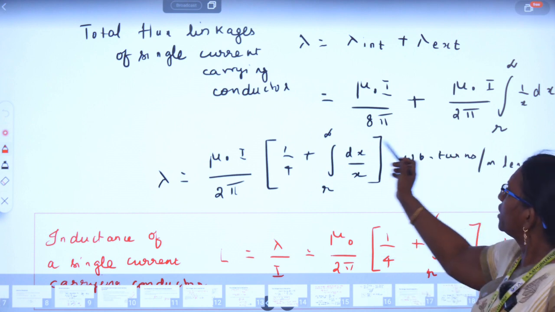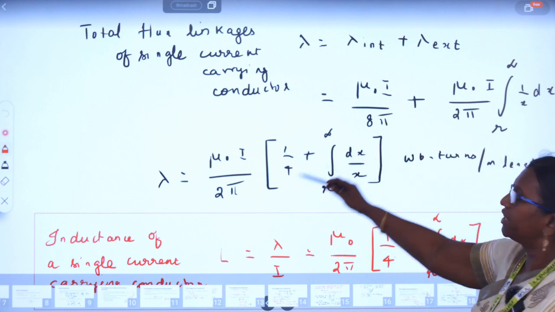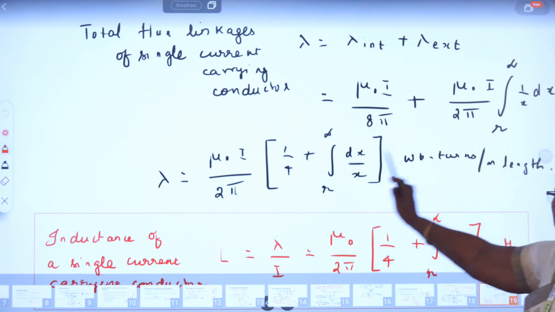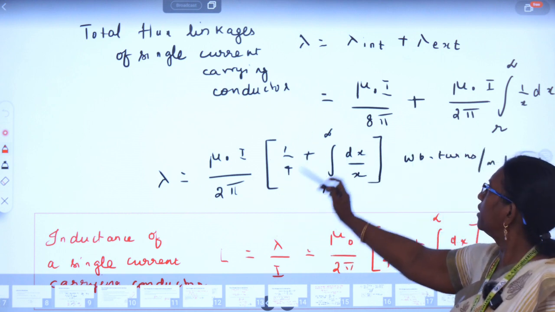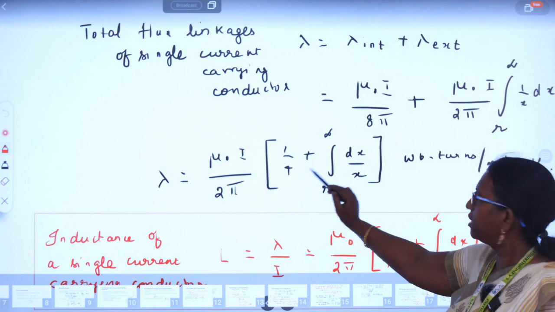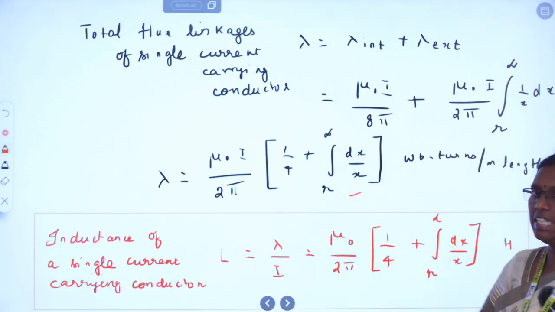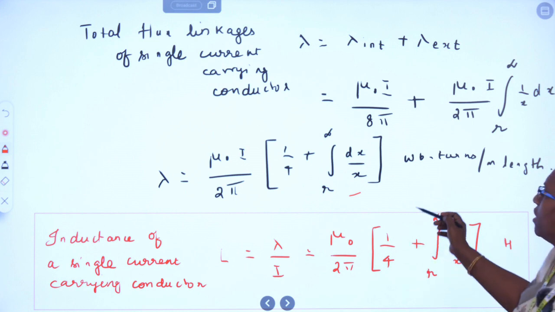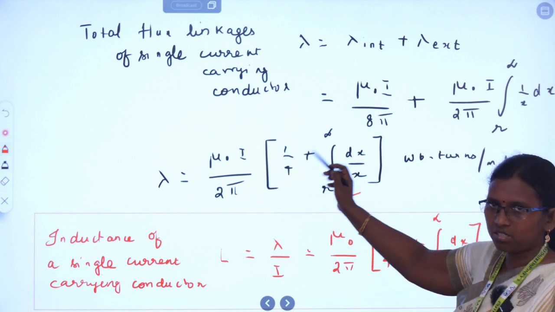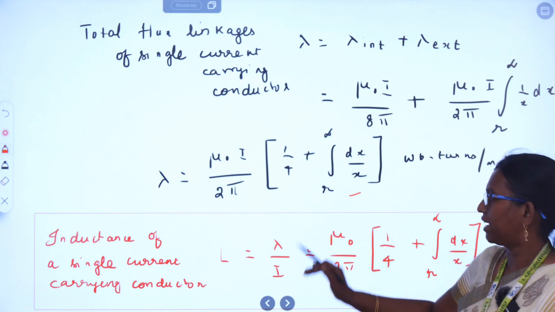Here we can see μ0 I divided by 2π is common in both the terms, so we can take it out, and 1 by 4 will be kept inside in the first term, and the second term, the integral from r to infinity of dx by x, is the total flux linkages of the single current carrying conductor.